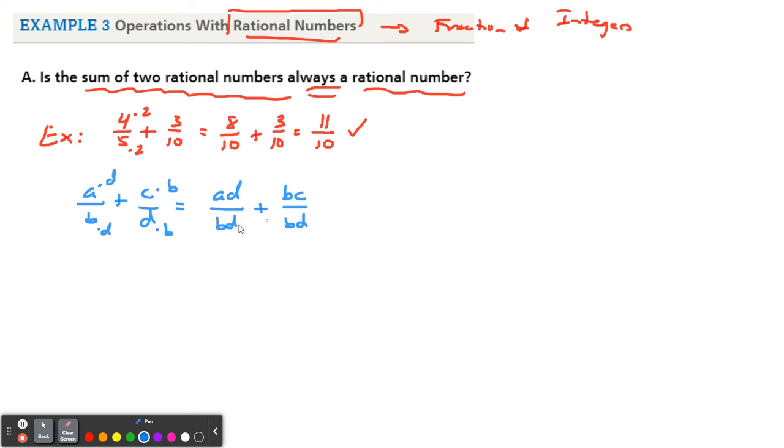And that gets me my common denominator of BD. So I can add the tops: A times D plus B times C, all over BD.